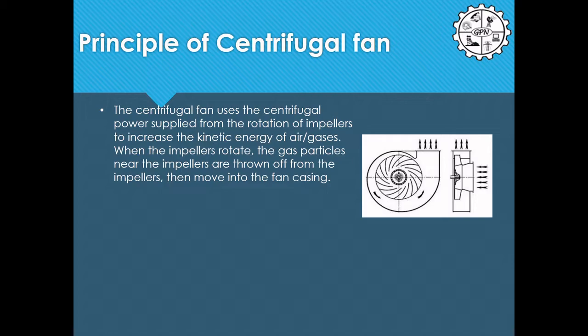After this, the air is thrown off, the air pressure in the middle region of the impeller decreases. The air from the impeller eye rushes in to normalize this. This cycle repeats and therefore the air can be continuously transferred.